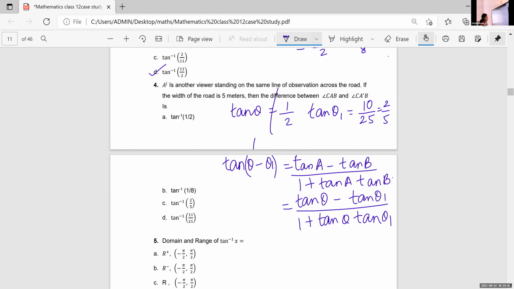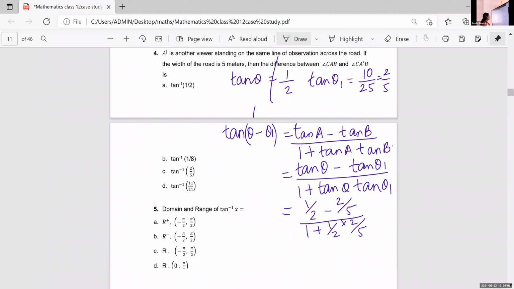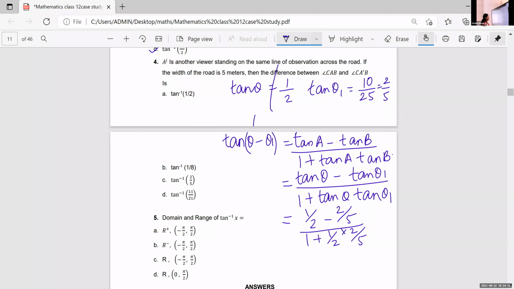Tan theta is 1 by 2 minus 2 by 5 by 1 plus 1 by 2 into 2 by 5. Now simplify this and find out what is tan of theta minus theta 1.